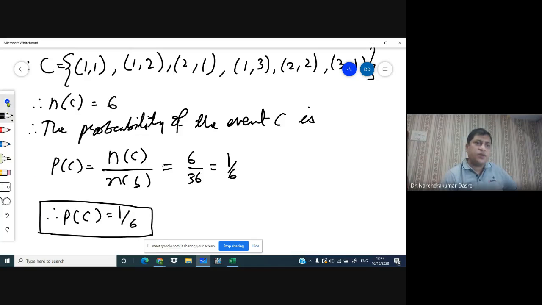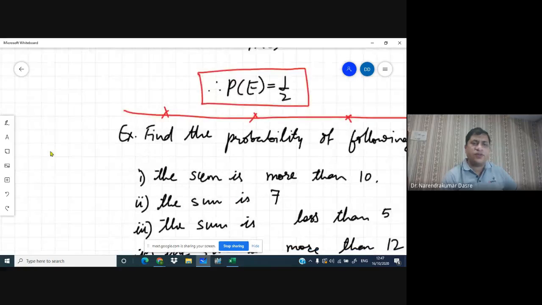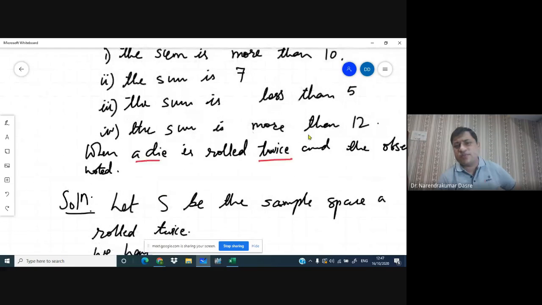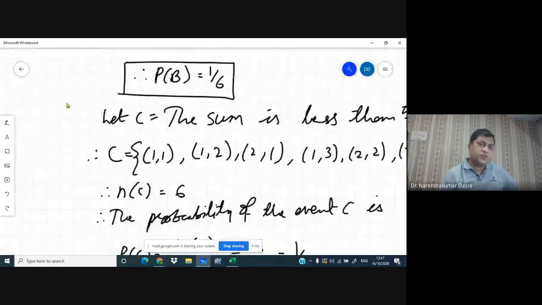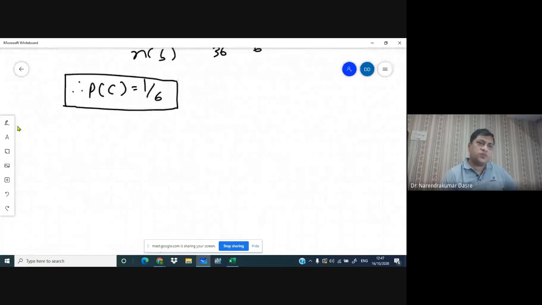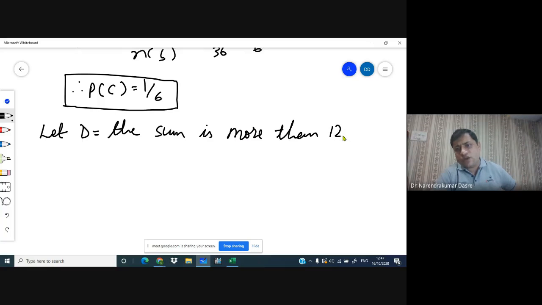Now consider the next event. What is the next event we have? The sum is more than 12. Let D be the event: the sum is more than 12.